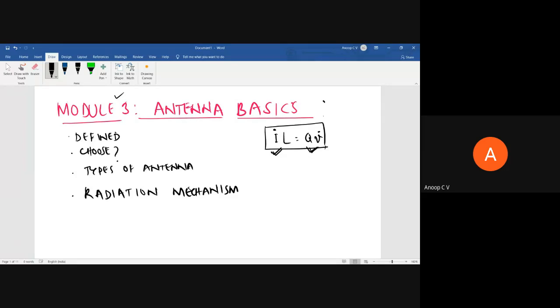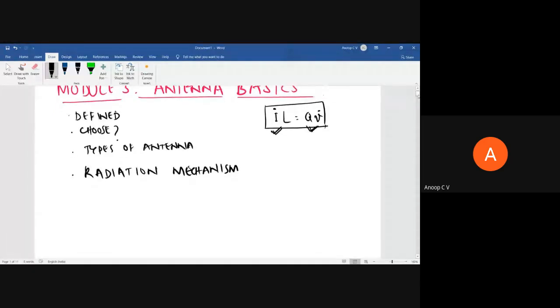After that, as per the definition, an antenna is defined as the transition region between guided wave and free space wave. So we went in depth to understand the radiation mechanism.